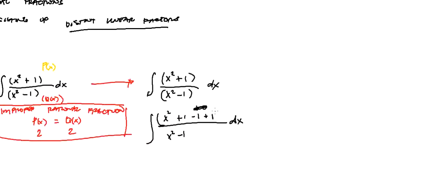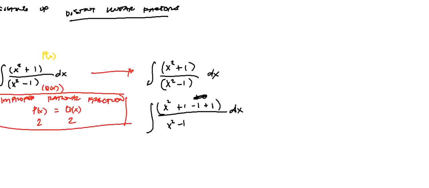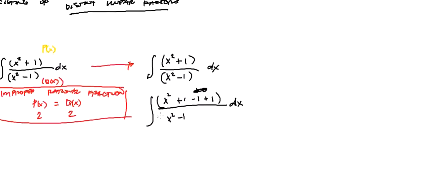From here we can now do the proper division by grouping x squared minus 1, and then our plus 1 and plus 1. So we have 2, right? All over x squared minus 1 dx.